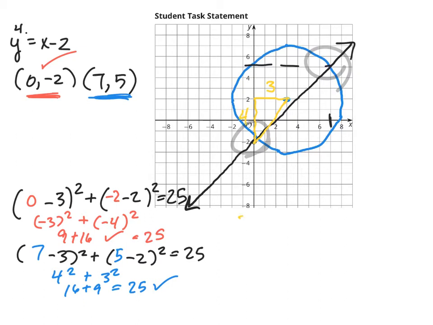And if I do Pythagorean theorem, 3 squared plus 4 squared is 5 squared. Okay, so I could also do it that way. And I can do that with both points. Okay, 3 squared plus 4 squared is 5 squared. Cool. So another idea, I just used the equation that was given to us. Both work.